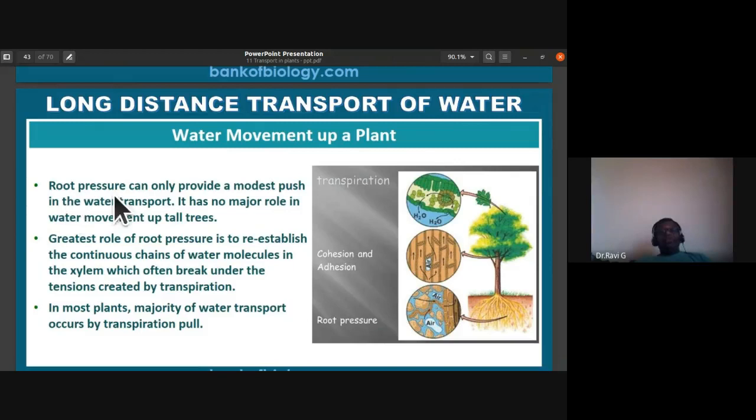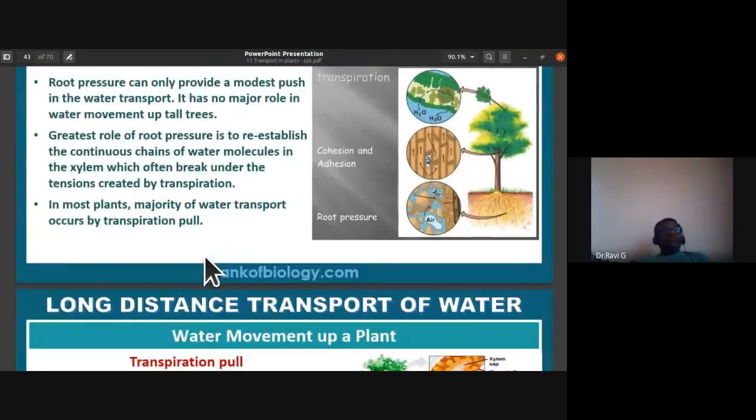So, regarding water movement up a plant, root pressure can only provide a modest push in water transport. It has no major role in the transport of water for tall trees. Root pressure can provide a modest push of water in a herbaceous plant, which can be beneficial, but not in huge trees.